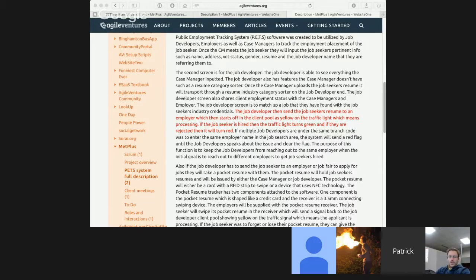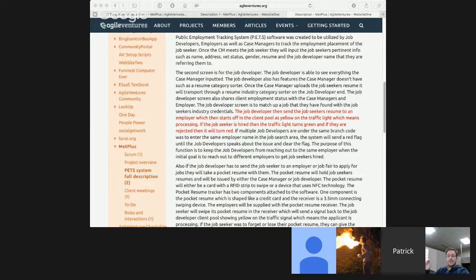So we need to work that out. Basically, it's the employer. When the job seeker sends a resume to an employer, that light turns yellow, and then it's the employer that is responsible for saying, okay, I did accept this job seeker, and it turns green, or no, I did not accept this job seeker, and it turns red.